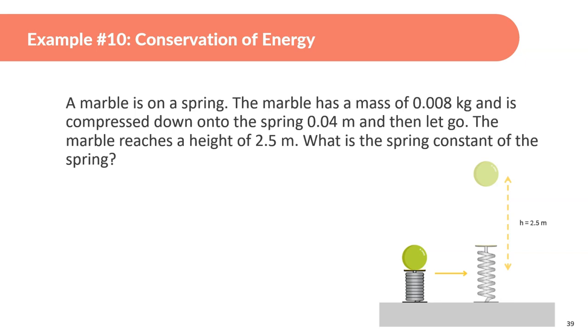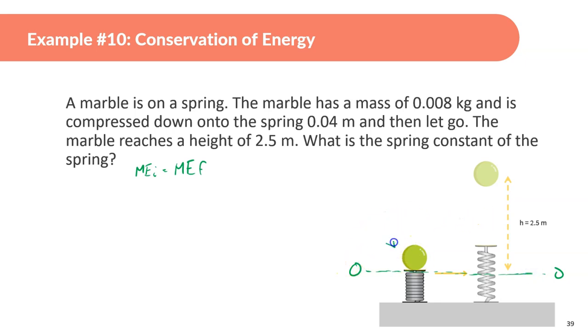So very similar question. I am going to go faster just because we did a similar question just before. So if you didn't look at the last problem, look at the last problem. But we're thinking about all the energy at the beginning versus all the energy at the end. We're putting the 0 line at the lowest point the object goes.